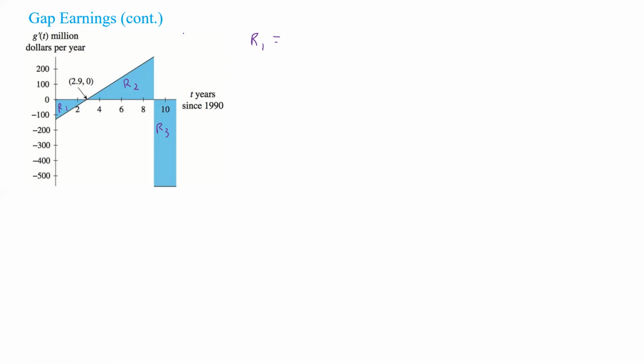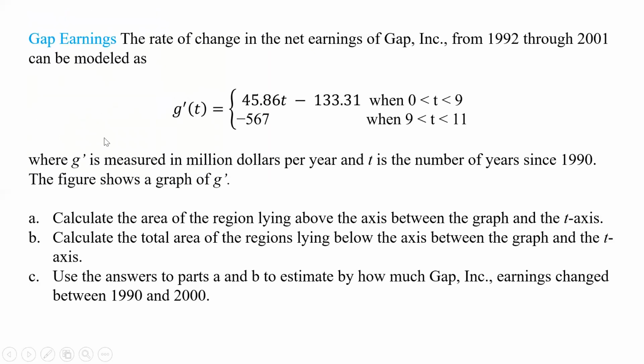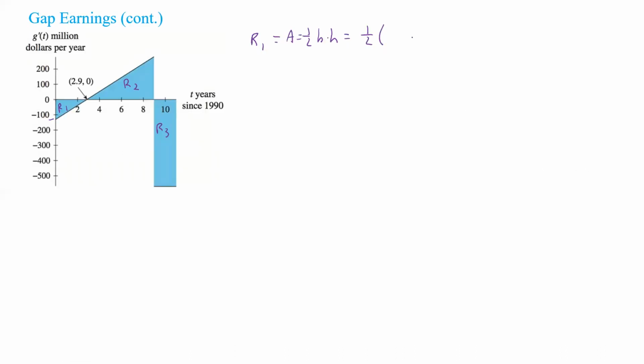So for R1, what do we have? Well, again, we have a triangle. So area is equal to 1/2 base times height. So we have 1/2 times our base, which goes from here to here. We can get this value from our original equation. That was a negative 133.31 times our height, which goes from here to here, which is 2.9.